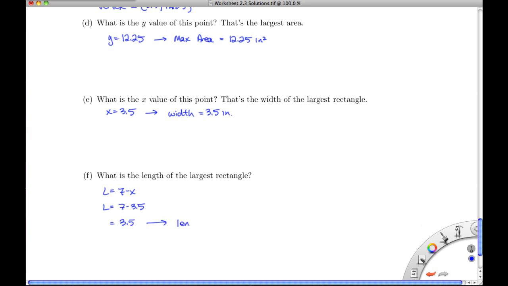So if we use a rectangle with a width of 3.5 and a length of 3.5, we are going to maximize our area. What we have here is a square. So we recognize that a square is the best way to maximize the area of a rectangle in this particular case.